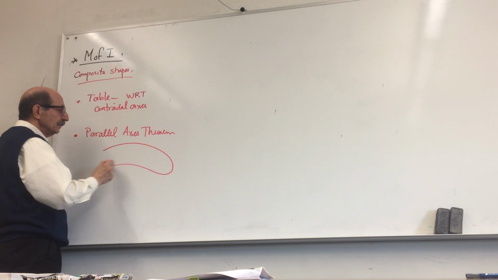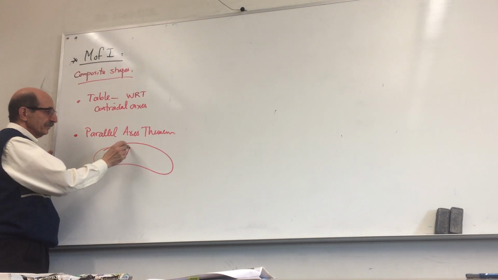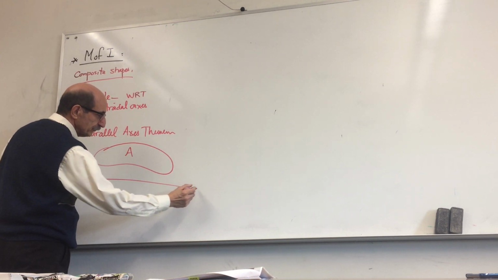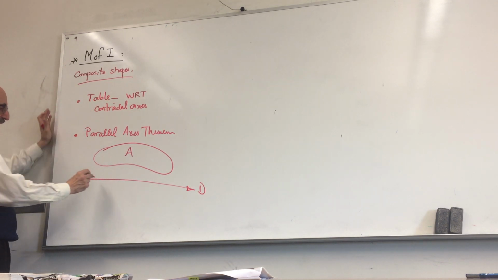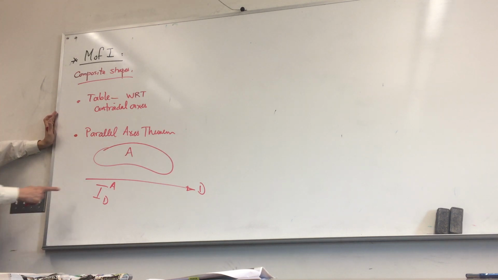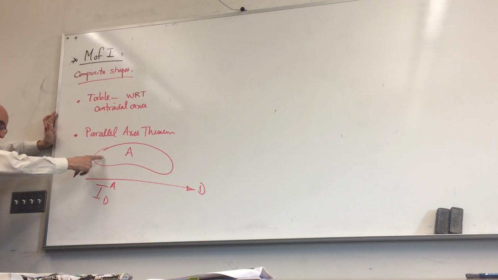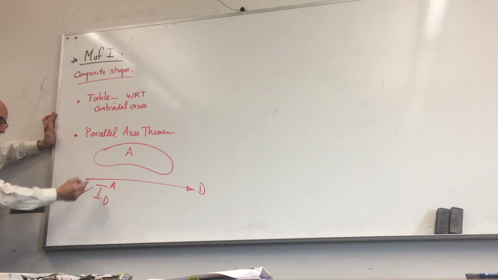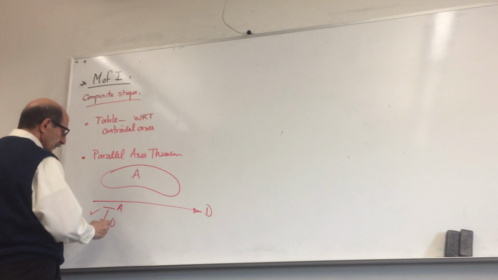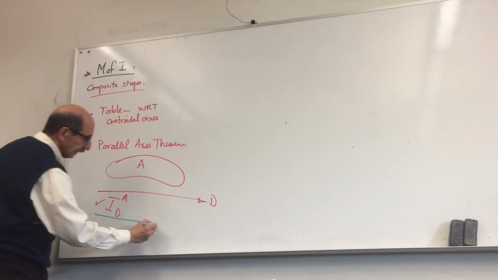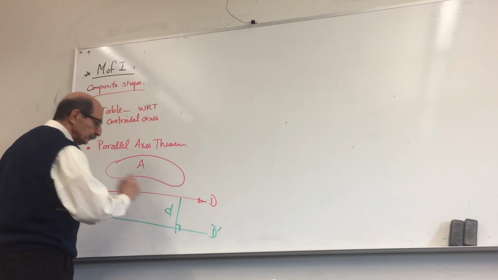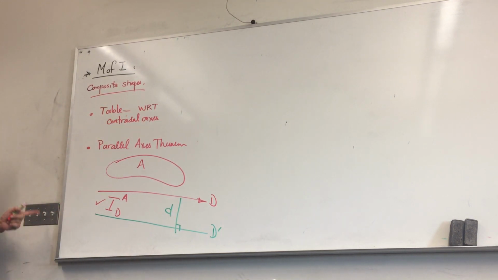If you have a moment of inertia of a shape about an axis, let's say AD, which usually uses this notation, and you're asked to find the moment of inertia of the same area about an axis that is parallel to this, and you have the vertical distance between the two, you don't have to recalculate that.